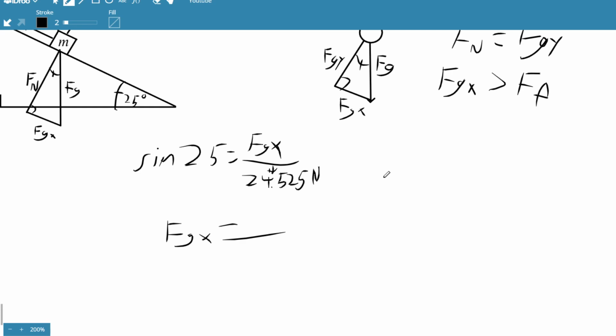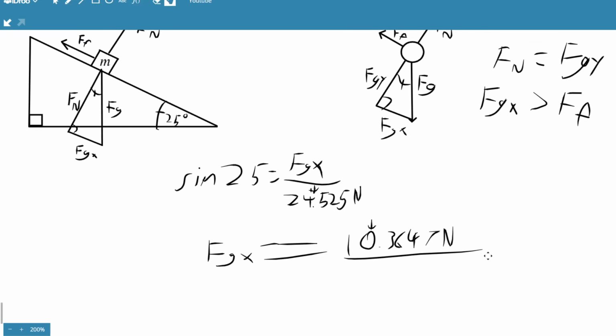That gives us 10.3647. I'll keep lots of digits. Newtons. And 2 sig figs on the unit.